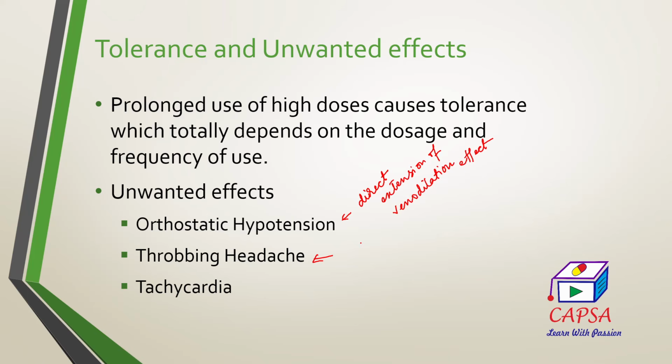Throbbing headache is due to meningeal vasodilation. Here vein is involved, but here artery is involved. Okay? Tachycardia means increased heart rate, which is due to baroreceptor reflexes.